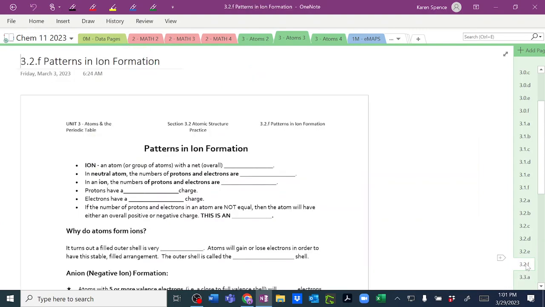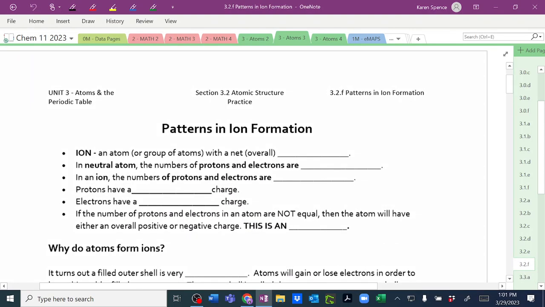But if you feel like you know this already and you don't want to hang out with me, you can work ahead on pages 66 to 67, or you can do review for tomorrow's quiz. This is related, however, to tomorrow's quiz, okay? So this will help you, especially with the Bohr model part of tomorrow's quiz. If you want to hang out with me and do this with me, there we go.